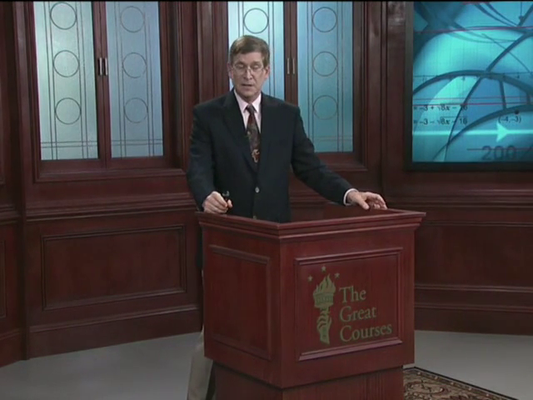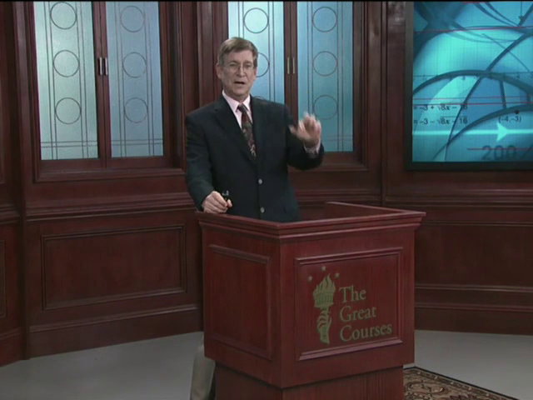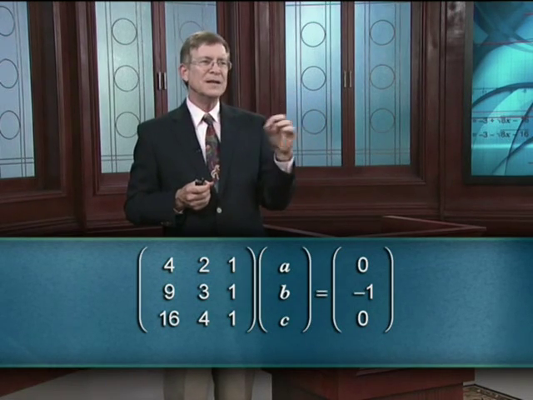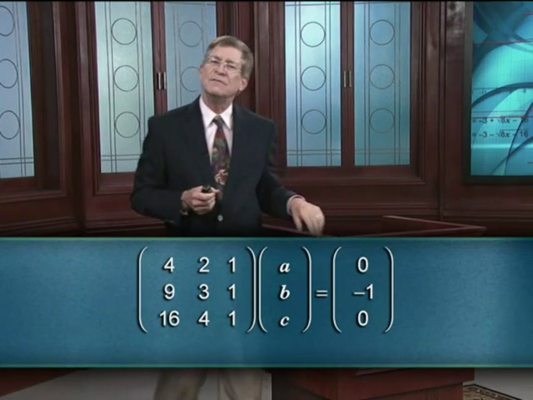This one would be pretty unpleasant by hand, mainly because you've got some ugly fractions there probably when you start to eliminate the variables. But notice that before you even solve it, you can express the system in this matrix multiplication notation. The coefficient matrix is 4, 2, 1, 9, 3, 1, 16, 4, 1.